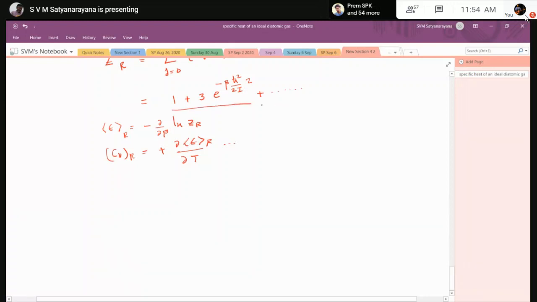Okay, so neglect all this, and then calculate this. And then you can define some rotational temperature below which you can see that 3 by 2 is the proper specific heat, and there will be a crossover from 5 by 2 to 3 by 2 around this theta r that you are going to define.